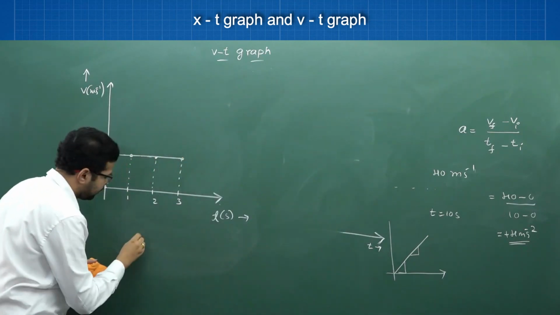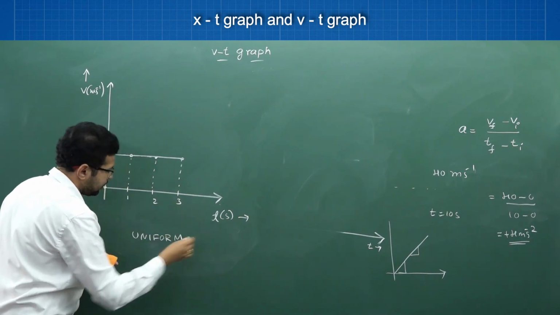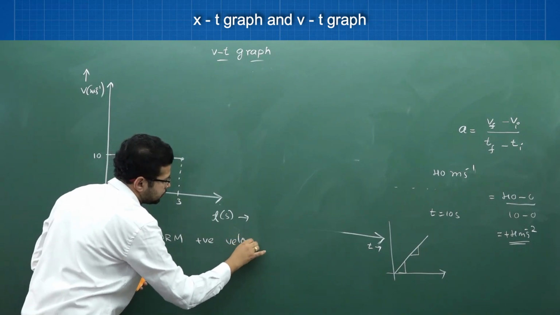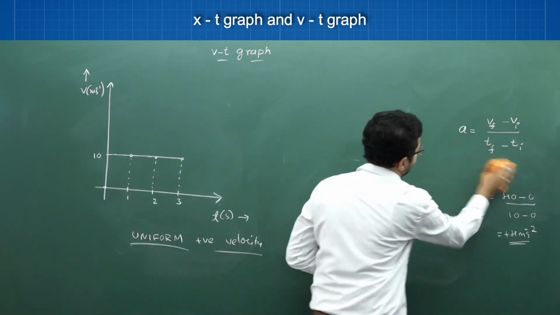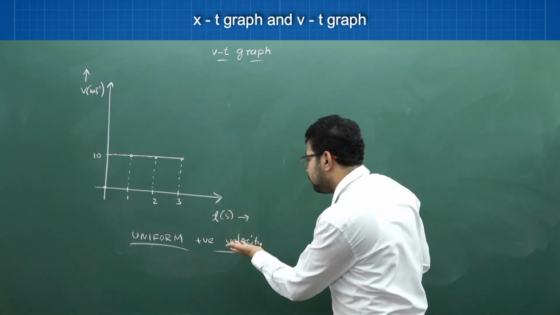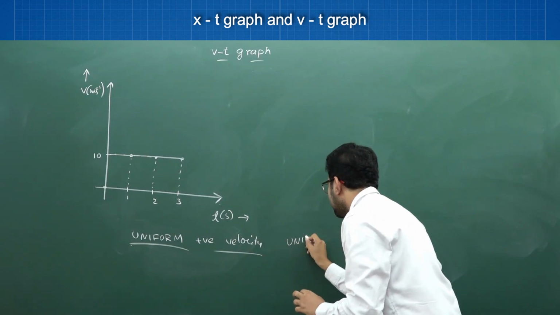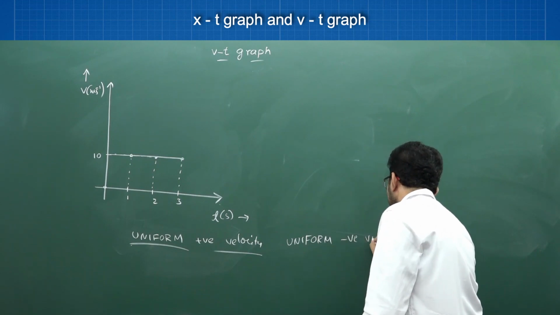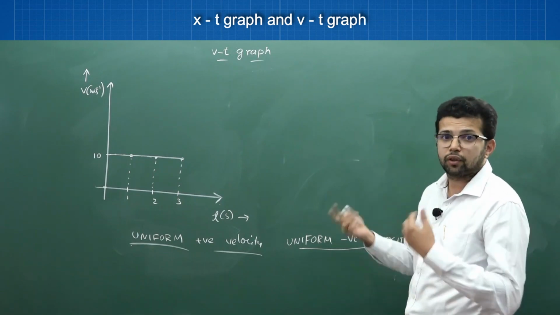This is a VT graph for an object moving with uniform positive velocity. If I have to draw the VT graph for uniform negative velocity, then my graph should come in the fourth quadrant.